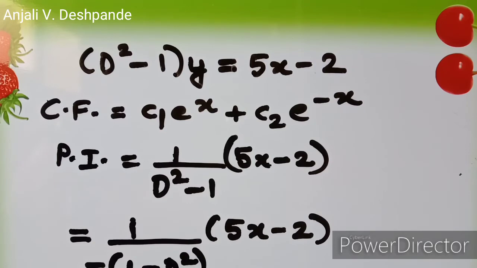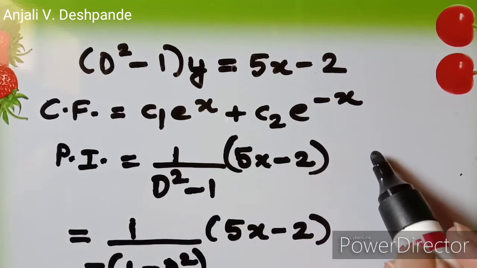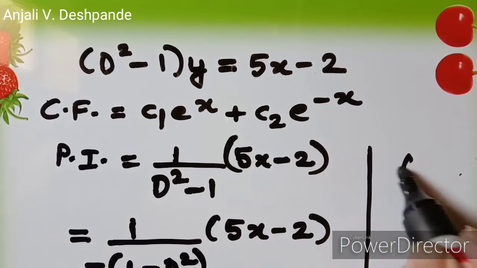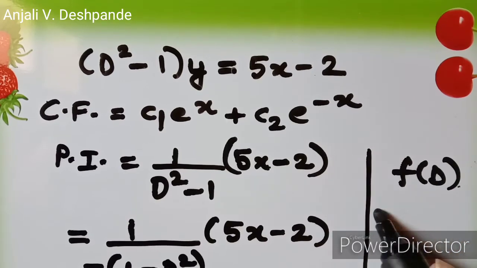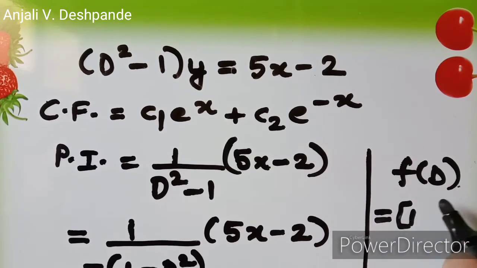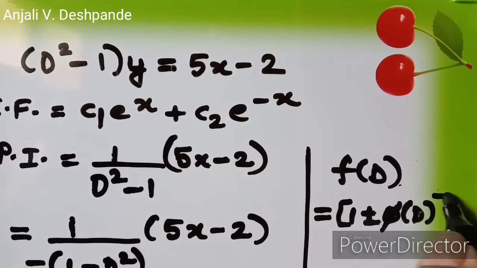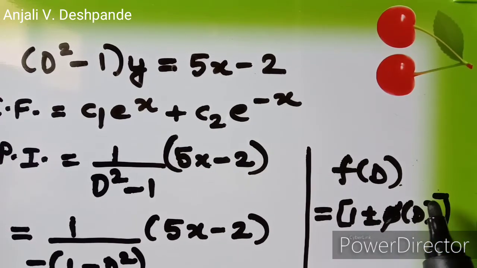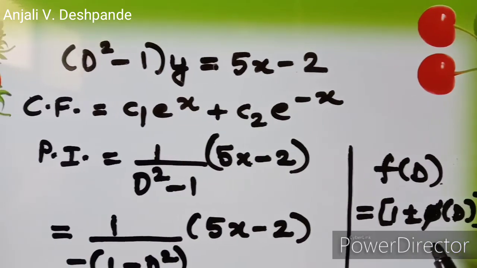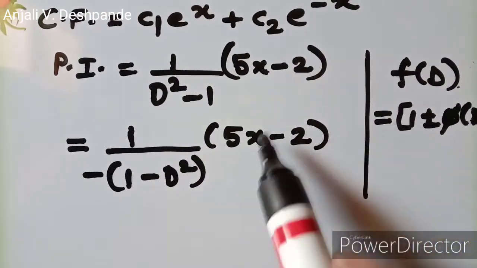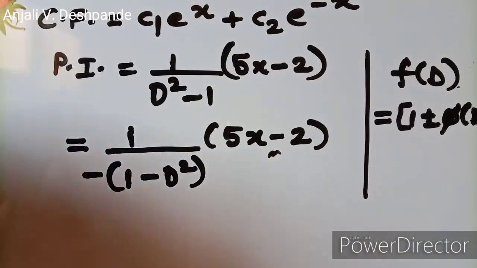Why? Because we want this function f of D to be in which form? In that form, 1 plus or minus phi of D, right? So that then we can take it to the numerator, inverse, expand binomially, and then solve by operating this 5x - 2.